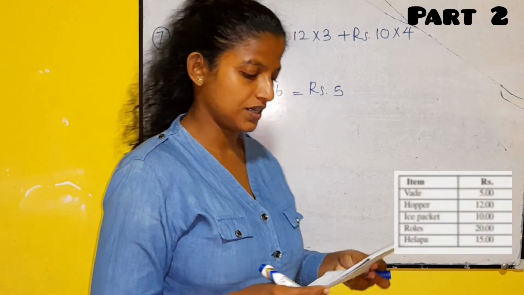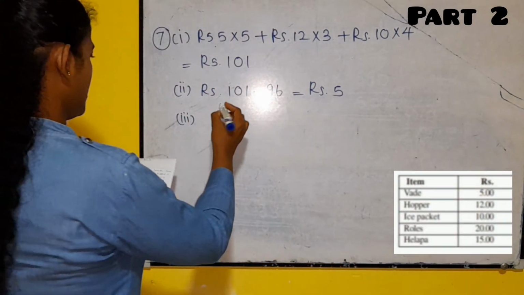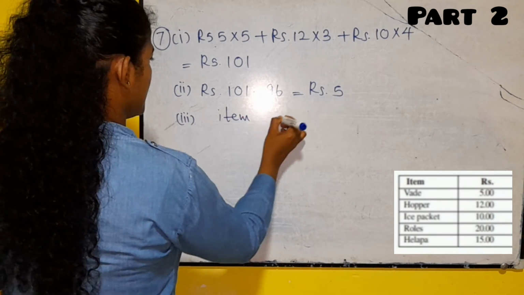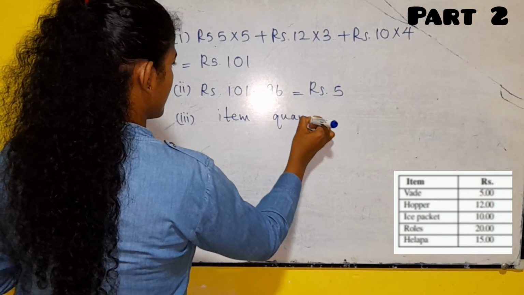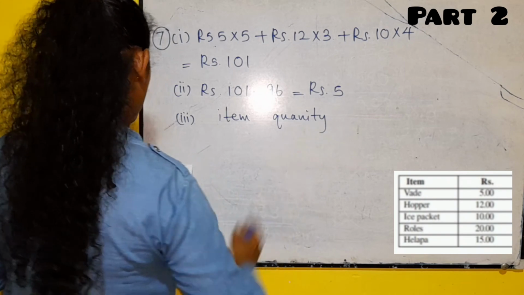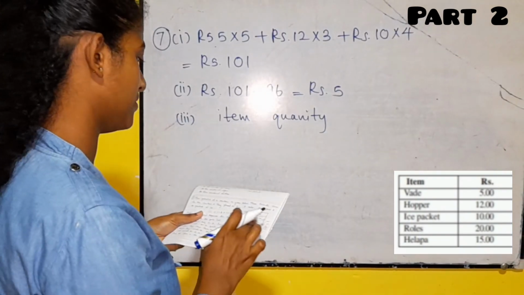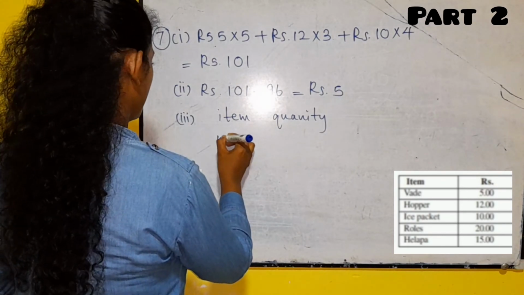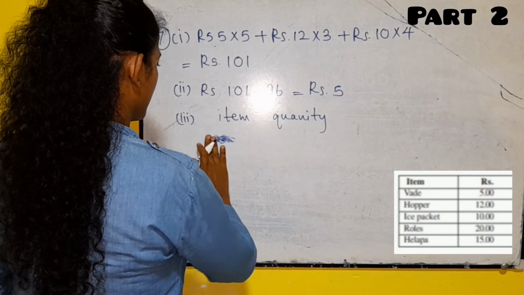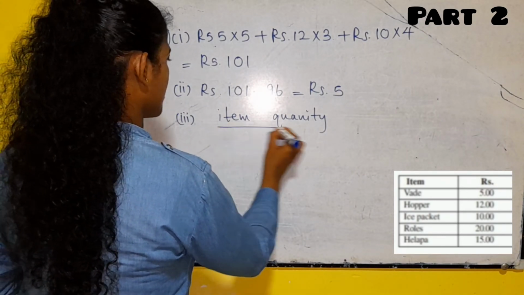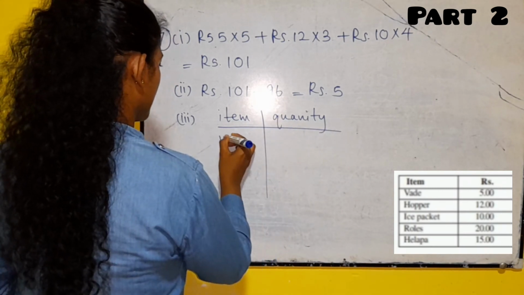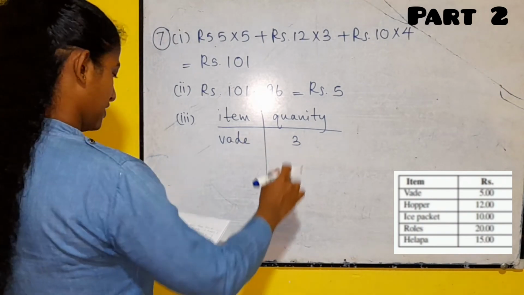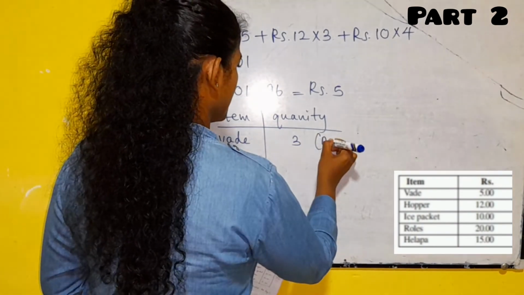So this is the way they may have selected item, then quantity. If you take 3 vades, item is vade. If you select 3 vades, the price will be 15 rupees.